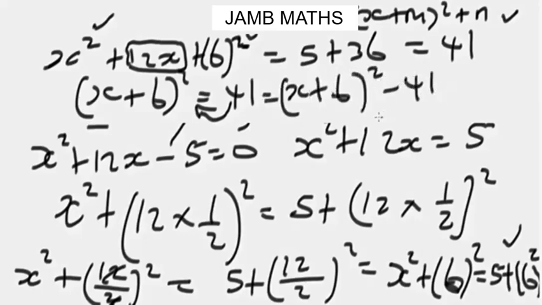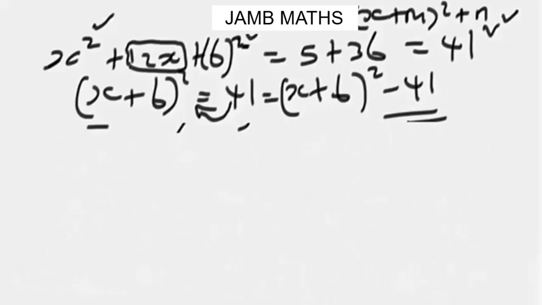So this will be the expression in this form. Now let's verify this. Let me show you. From this expression, this is the square, whereas this is what has completed it.